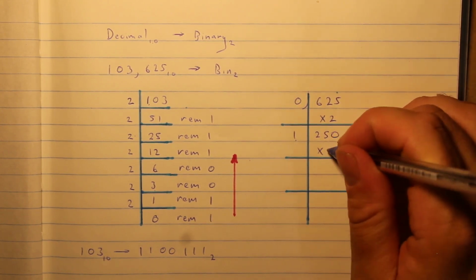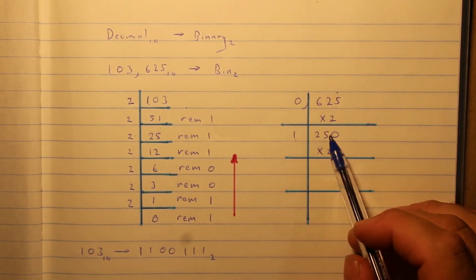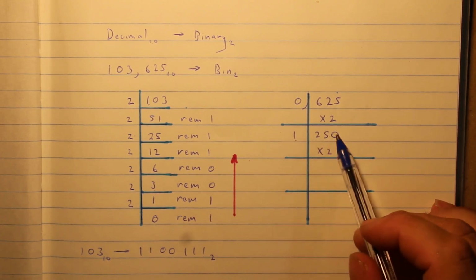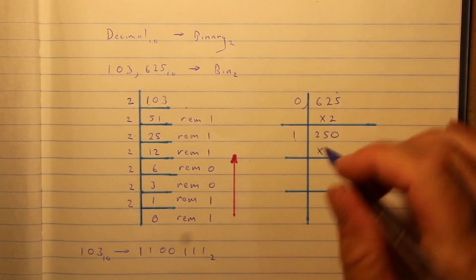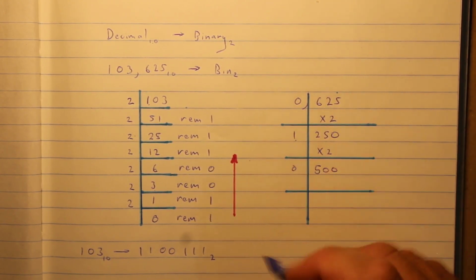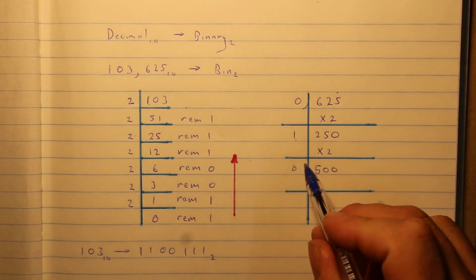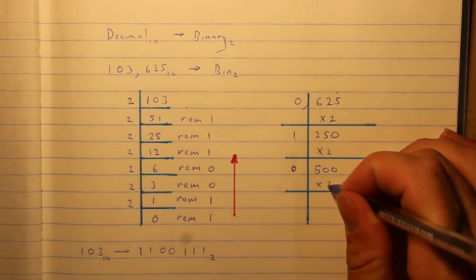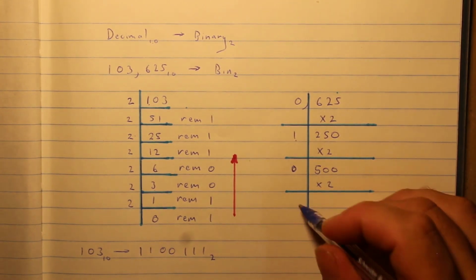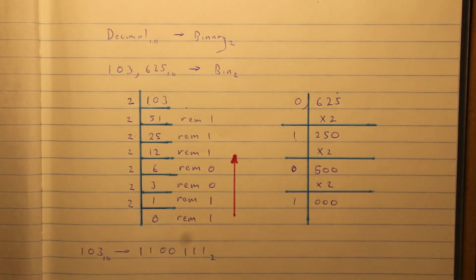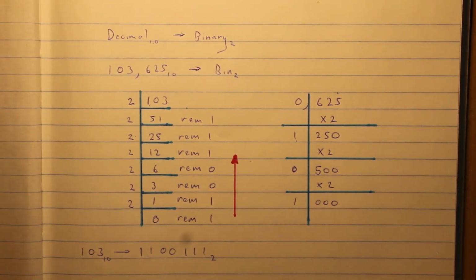Then we multiply the 250 now, not the 1,250, just the 250, by 2, and that gives us 500. On this column we only have a 0 over here. Then again, 500 times 2 gives us 1,000.